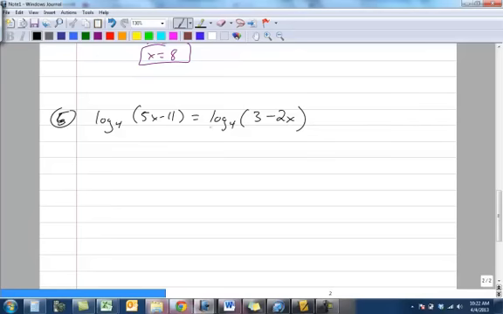Log of this is equal to log of that. It makes sense that this is equal to that. Or think of it this way. If this is log base 4, how do you unlog base 4? Base 4 both sides, right? So 4 raised to the log base 4 cancels. You're left with 5x minus 11 equals 3 minus 2x.